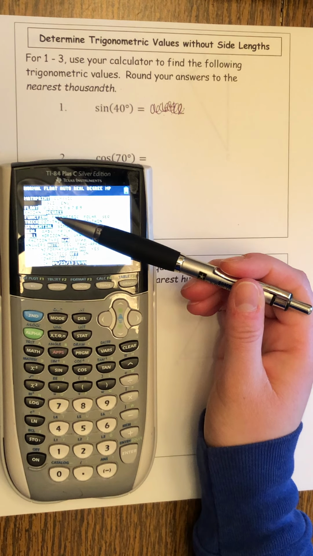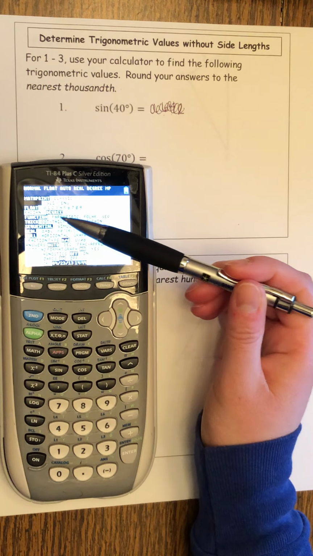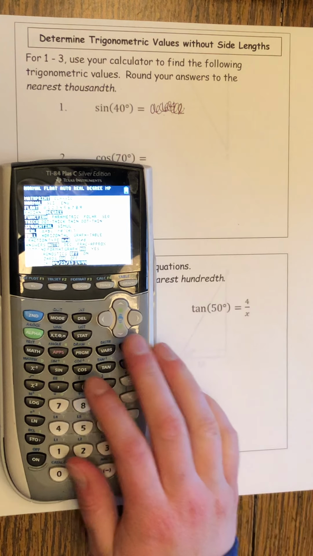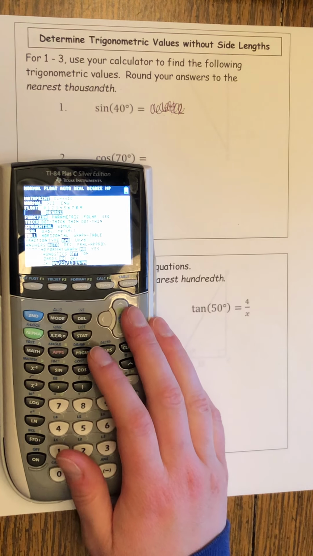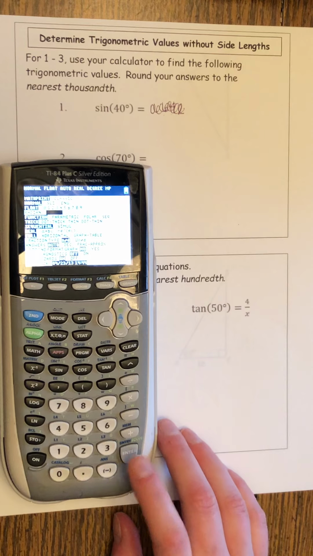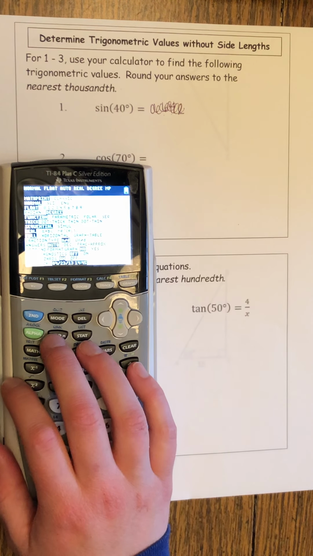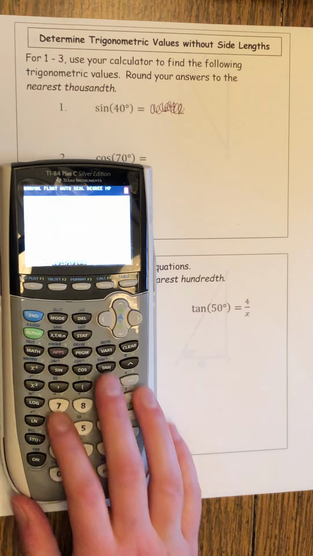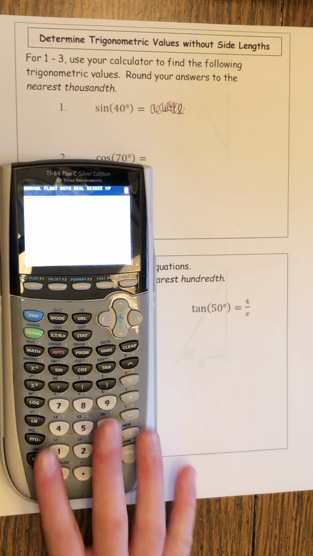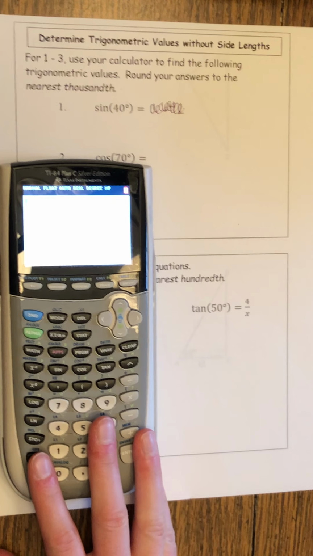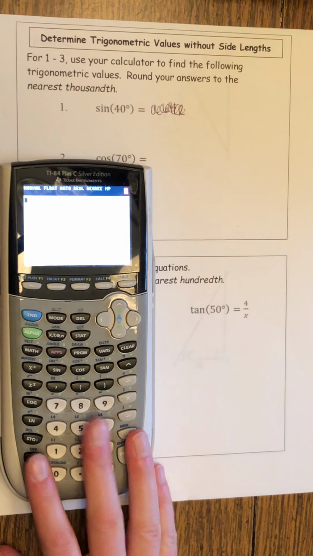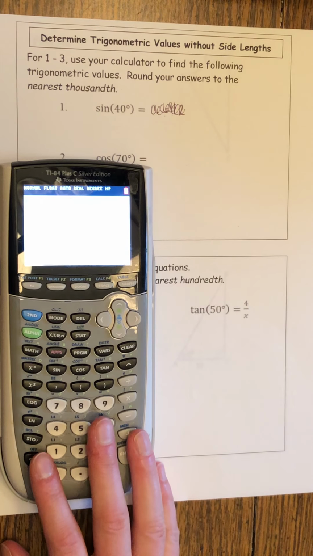Make sure on your calculator degree is darkened. If it's not, toggle down with the arrows, move over to the word degree, push enter. Then we're going to push second mode, which is like the quick command. That's just if you're using a graphing calculator to make sure you're on the right mode. If you're not using a graphing calculator, you don't have to worry about that.